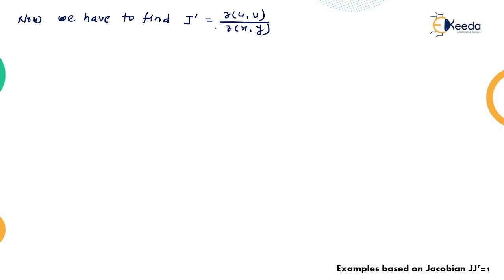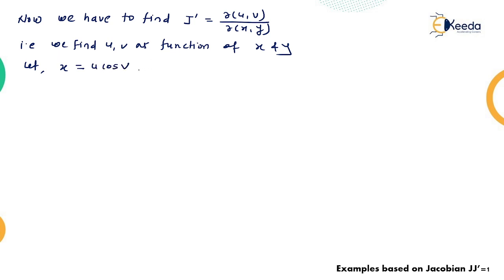That is, we first have to find u, v as a function of x and y. For that, the given equations are x is equal to u cos v, and y is equal to u sin v.